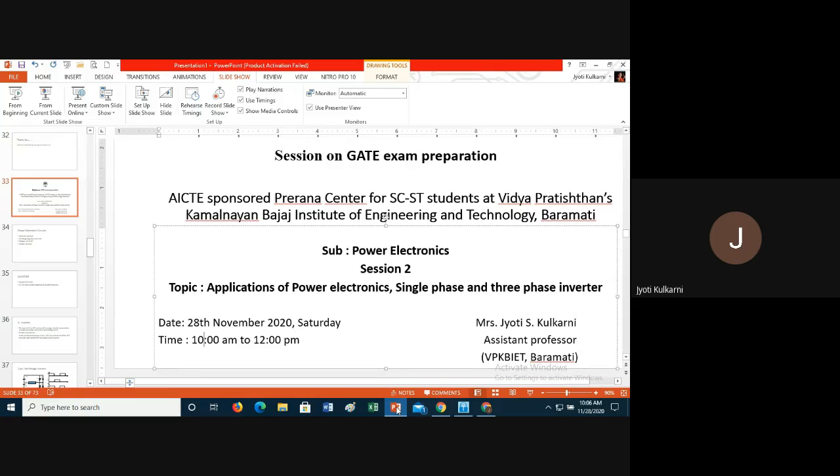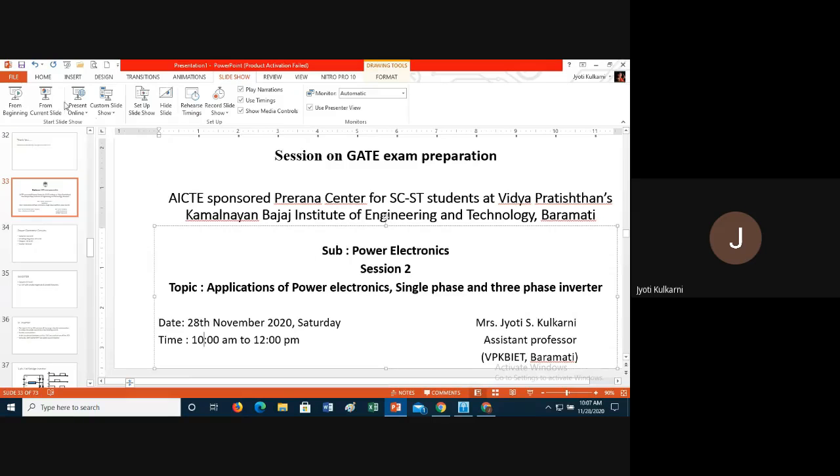In which state are you staying? Suppose the electricity supply from the government side is off, we say that now we have to switch on the inverter. Why? Because the inverter has a stored source, a battery, which holds the input voltage in the form of DC, and that battery DC voltage we convert into AC with the help of the inverter. So the inverter is an application where we convert DC voltage into AC voltage. Is that clear to you, Rajesh? Yes, ma'am. Okay, very good.